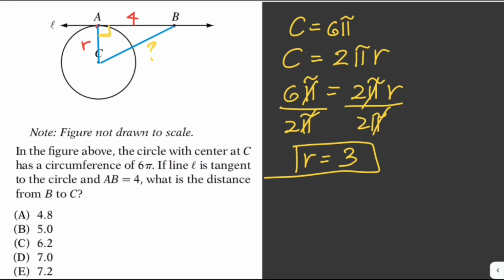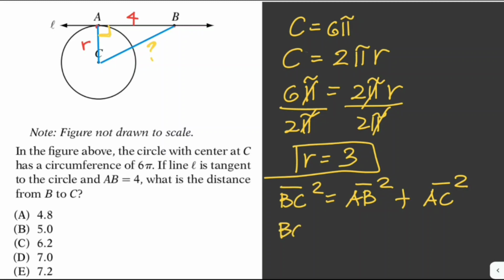By using the Pythagorean theorem, we can solve for BC. So BC, the distance from B to C, is just equal to the square root of AB, which is 4 squared, plus AC, which is the radius, that is 3 squared.